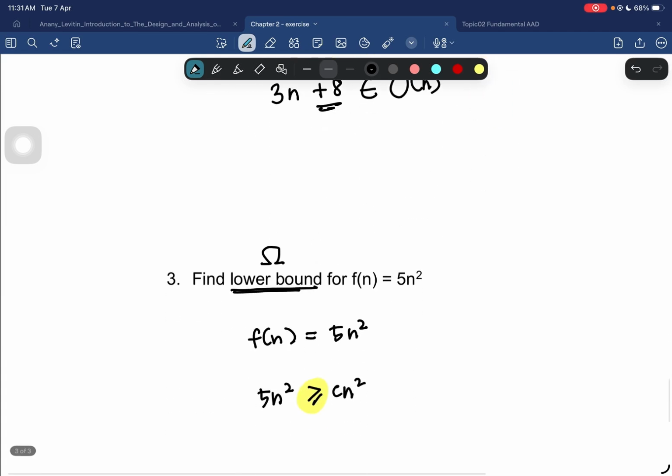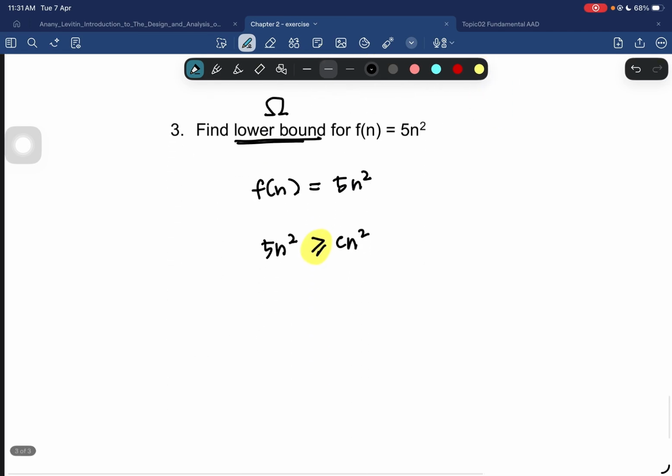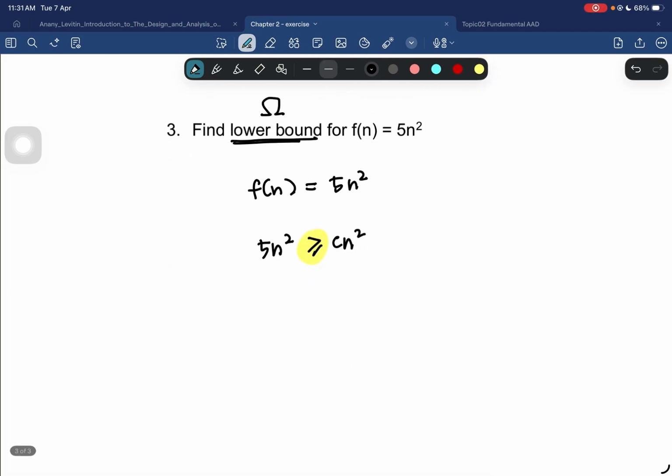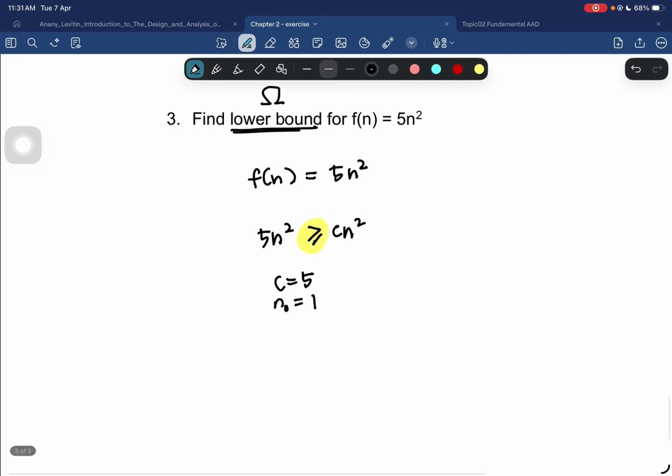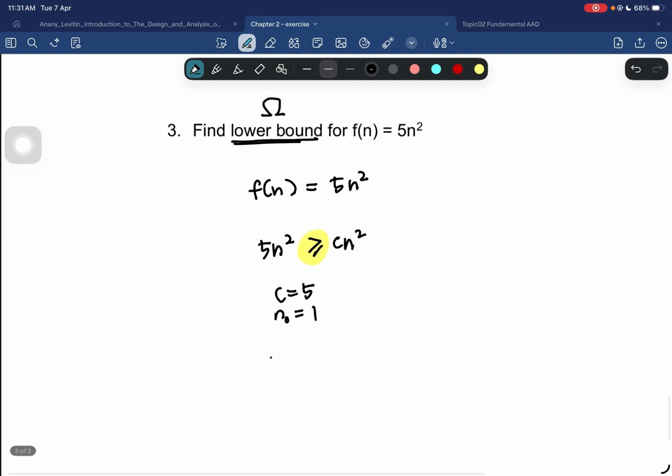We only have this. So c is 5 and n0 is 1 because we don't have it. The conclusion is easy: 5n square belongs to Omega(n square). So this is the lower bound.